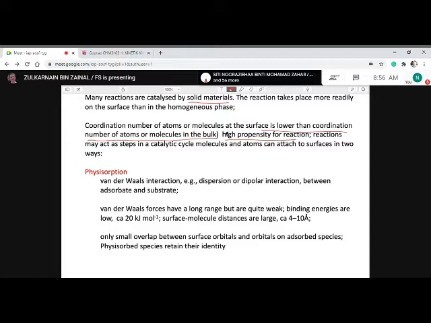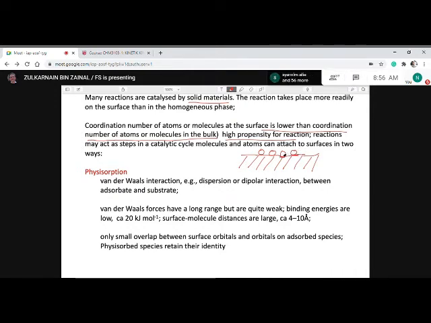So what does it mean that the coordination number of the atoms on the surface is lower? If you see this is the surface of the adsorbent, for example, and below here is the bulk of the adsorbent, right? The adsorption occurs on the surface, the gas molecule, for example, on the surface. This gas molecule on the surface is interacting only with the surface.